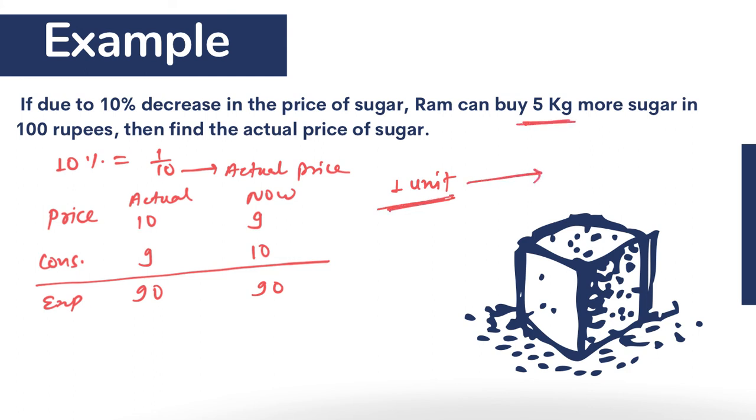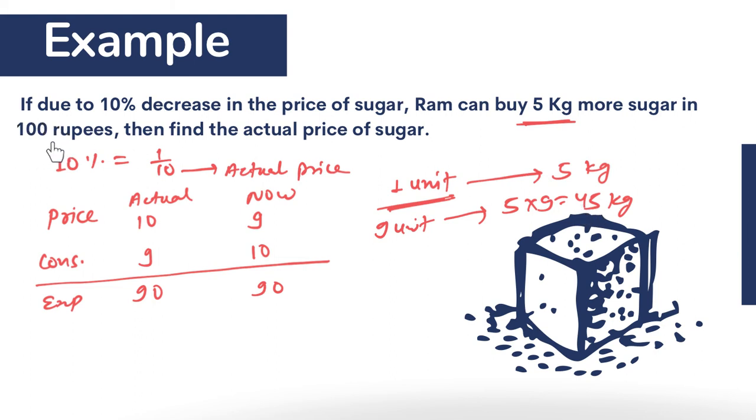So 1 unit is equal to 5 kg. So 9 units equal 5 into 9, equal to 45 kg. So now I know that the earlier or actual consumption was 45 kg, and I was purchasing the 45 kg in 100 rupees.